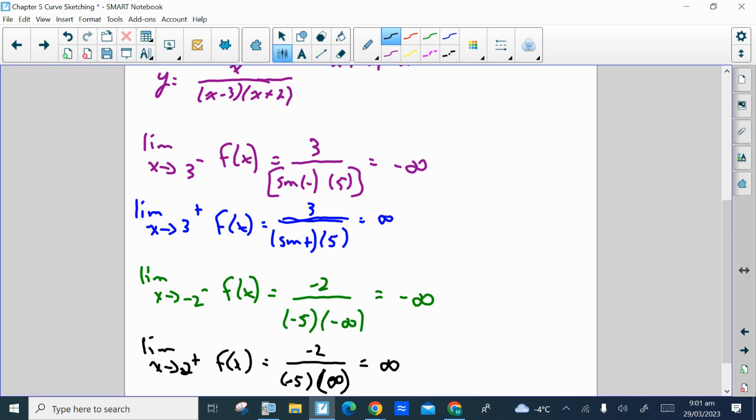So as you approach negative 2 from the right side, the value of that will approach positive infinity. And once again, because the limit as x approaches negative 2 from the left does not equal the limit as x approaches negative 2 from the right, that limit does not exist. But once again, this tells us what's happening as we get closer and closer to those vertical asymptotes. So I have vertical asymptotes at 3 and negative 2.